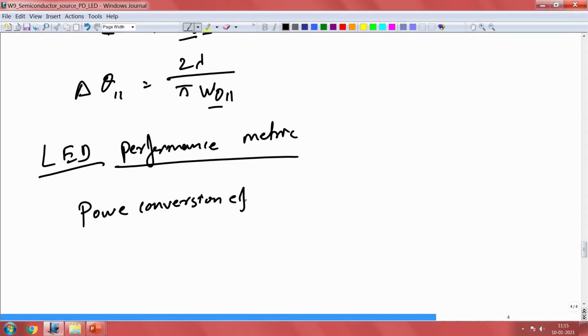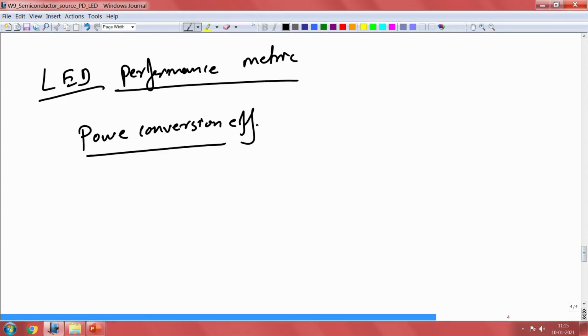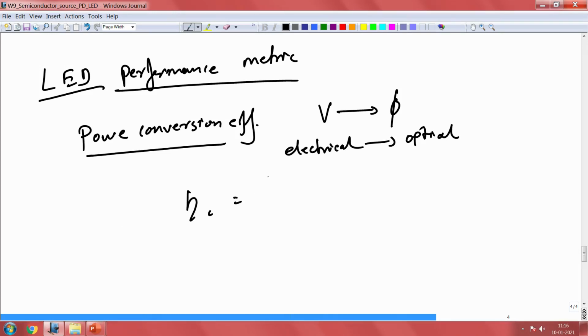What is power conversion efficiency? Basically you are giving an electrical input that results in some flux or optical output. So, electrical gives you optical output. The efficiency is given by power out divided by the electrical power.